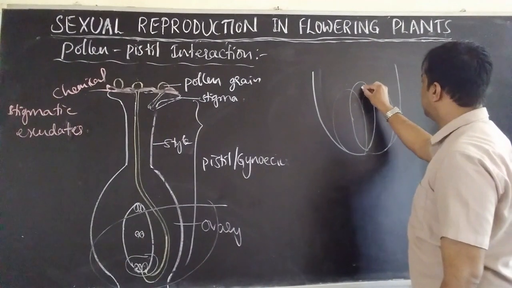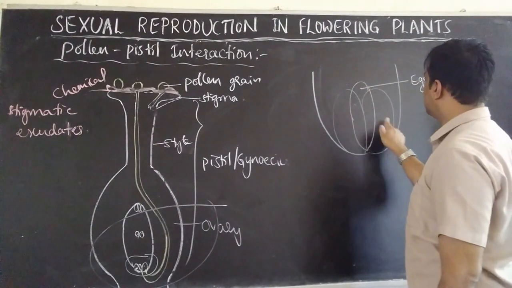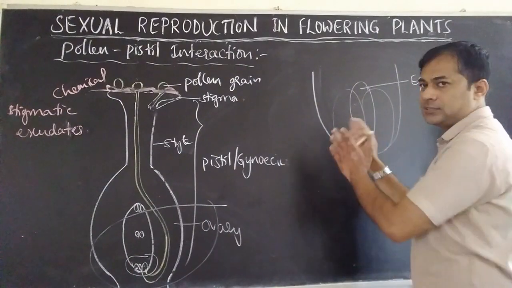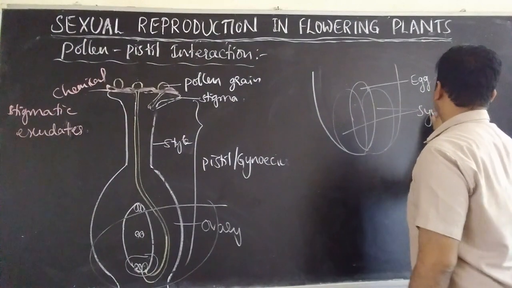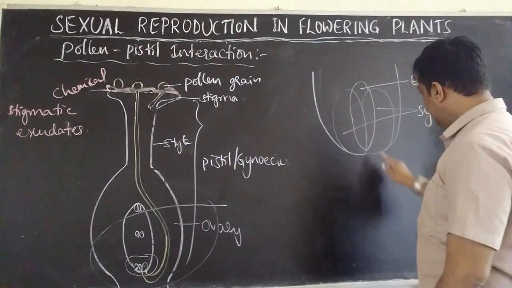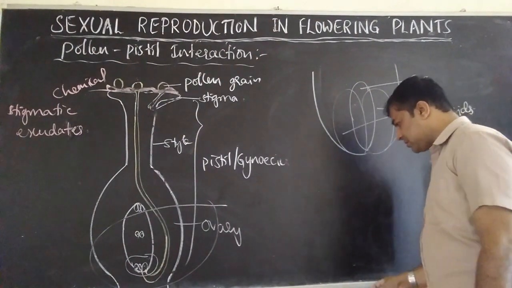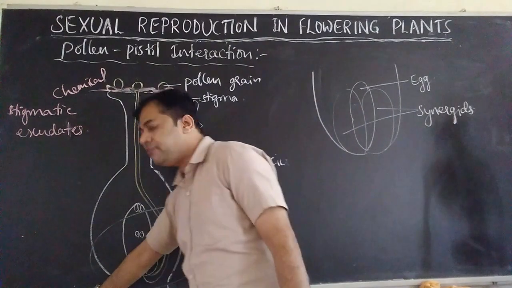Let us see. The central one is the egg, and these two cells next to the egg are called synergids. And in the synergids, there will be finger-like structures. Finger-like structures are called filiform apparatus.